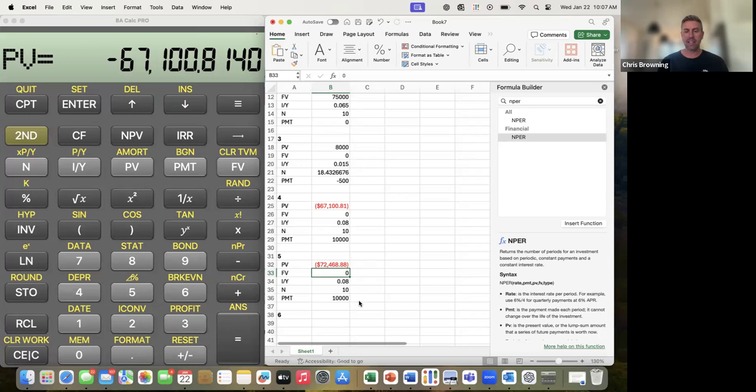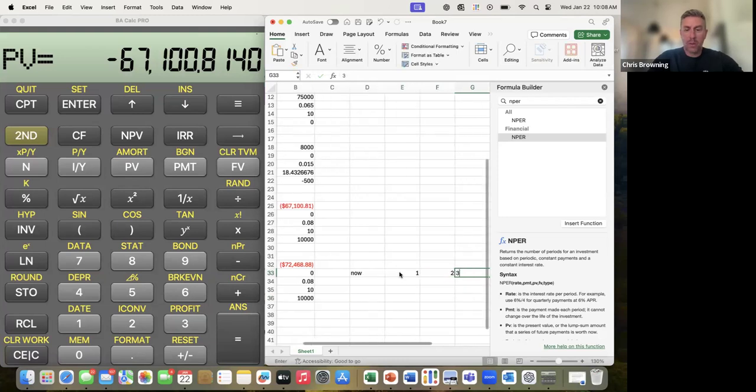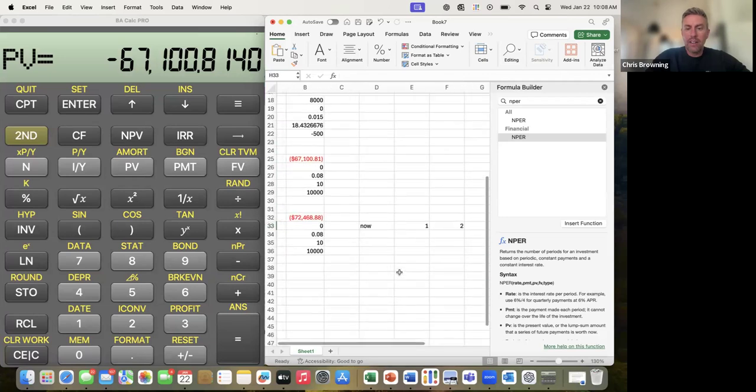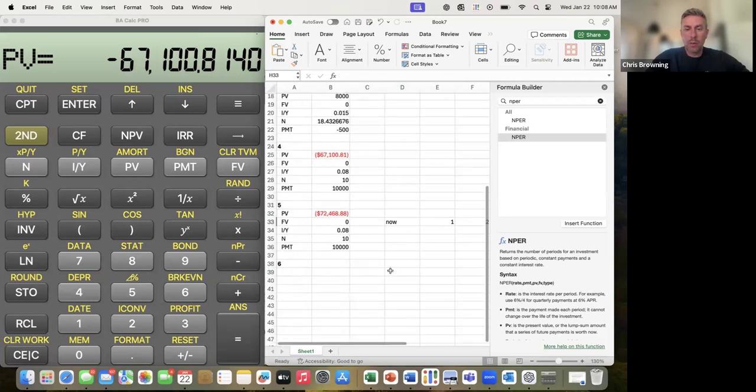If we drew this out on a timeline, and we said, hey, listen, this is now, this is 1 year from now, 2 years from now, 3 years from now. Under the situation where we have an annuity due, where the payment takes place at the beginning of the period, this first distribution is going to happen immediately.